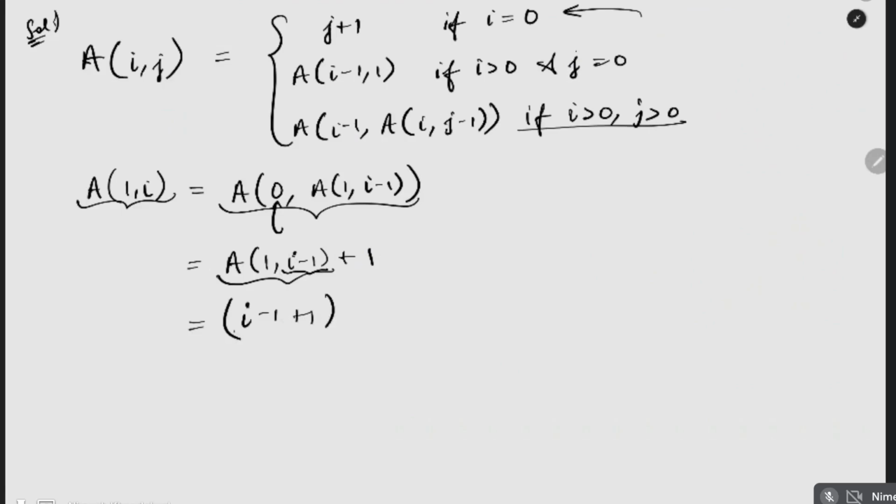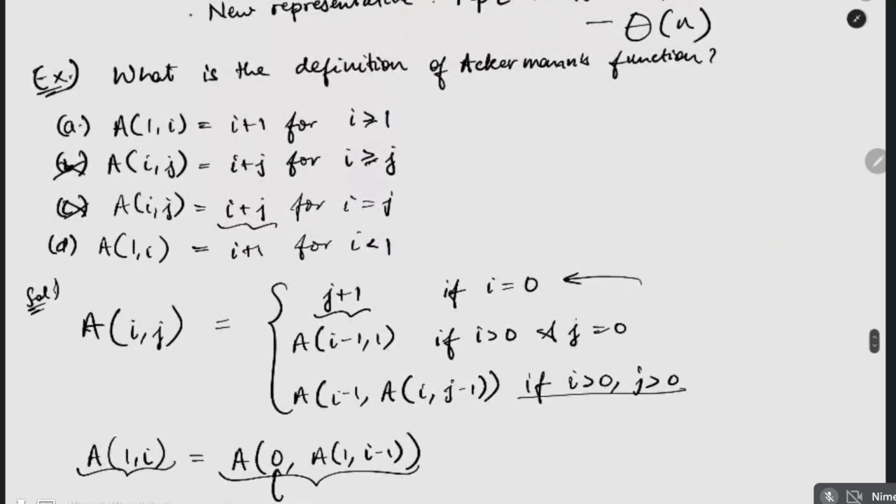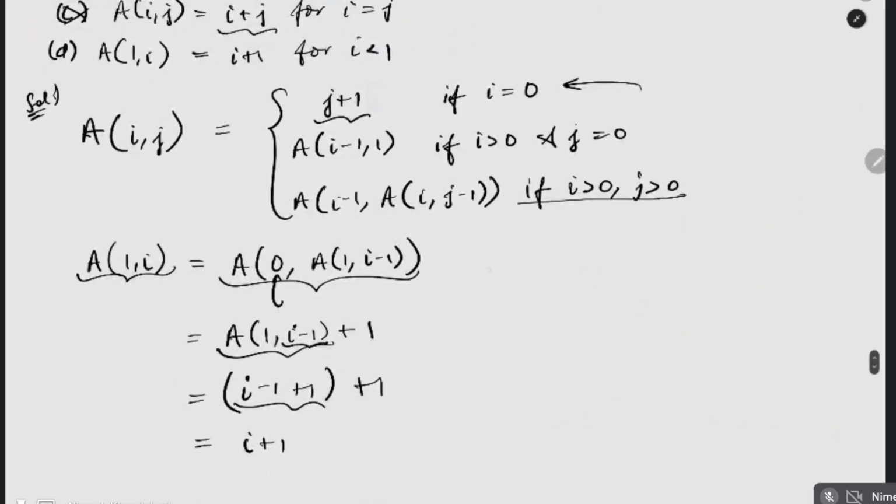Because j plus 1, and then we have plus 1 already here, so this value will finally be i plus 1 for any value of i greater than or equal to 1.